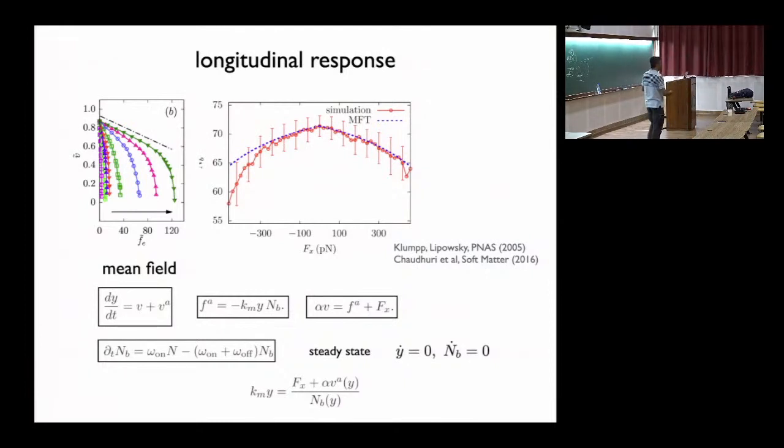Then we can ask what the response of this system is. One response is simple, people have been studying it for a long time: if I take this filament as a rigid rod in one dimension, this has been studied a lot. For example, this is a highly cited paper by Stefan Klumpp and Lipowsky from Stefan's PhD days, where they looked at this problem from a molecular motor model, which is slightly different from ours.